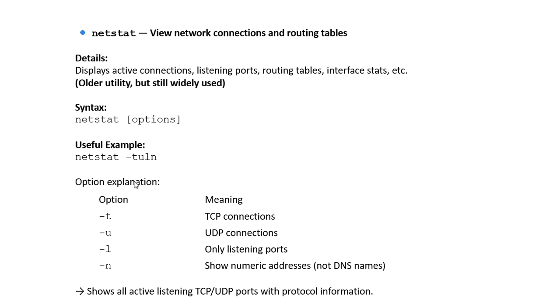The options explained: hyphen t is TCP connections, hyphen u is UDP connections, hyphen l is only listening ports, and hyphen n shows numeric addresses, not DNS names. It shows all the active listening TCP and UDP ports with the protocol information.